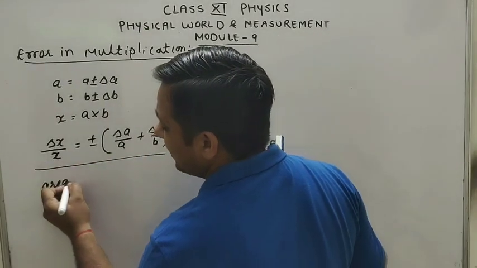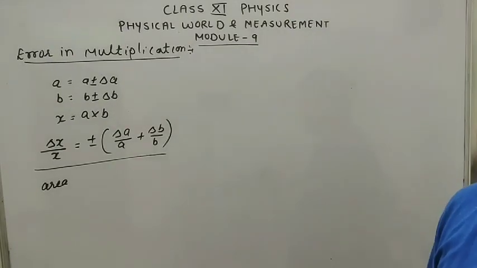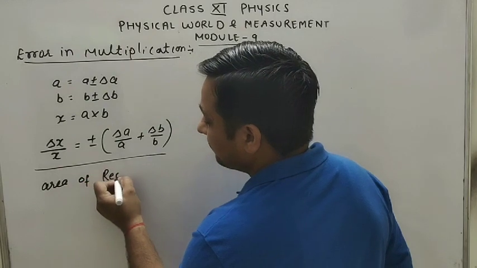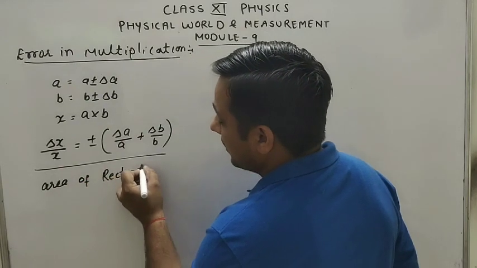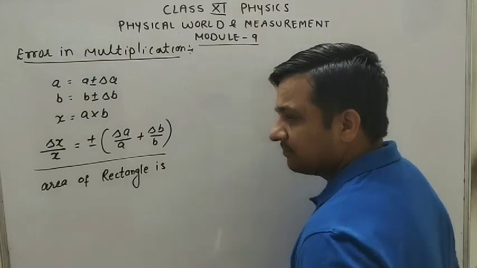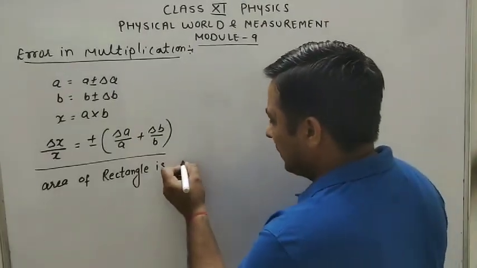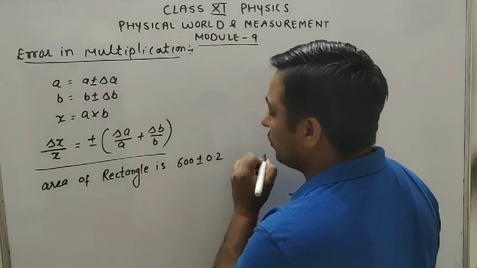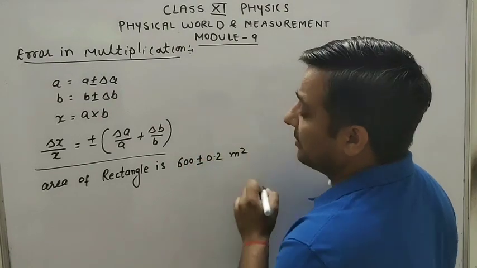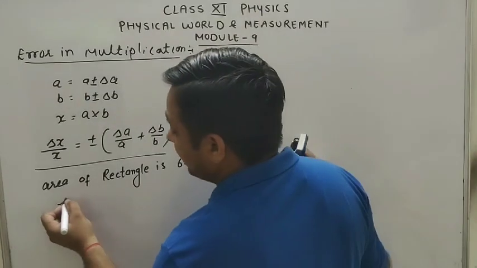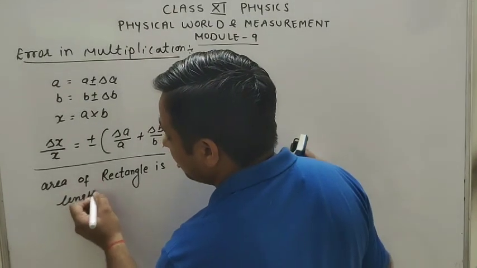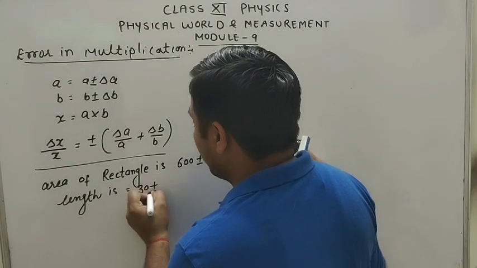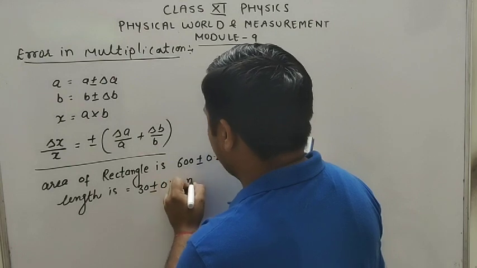Do you know what is the area of rectangle? That is simply length into breadth. So area of rectangle is 600 plus minus 0.2 meter square, and its length is 30 plus minus 0.1 meter.